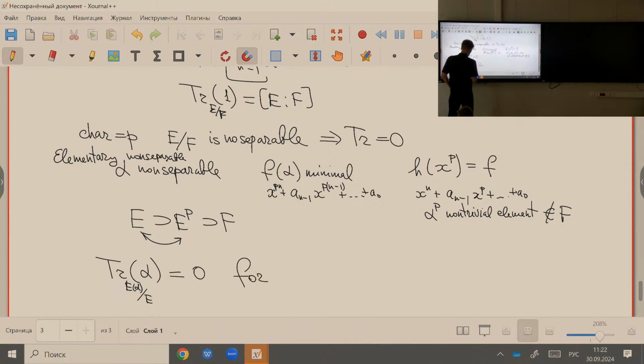I wanted to say that the trace of this element, calculated via the elementary extension, is zero for alpha of the form alpha^p minus e equal to 0, where e belongs to, maybe I shall write K here. Yeah?